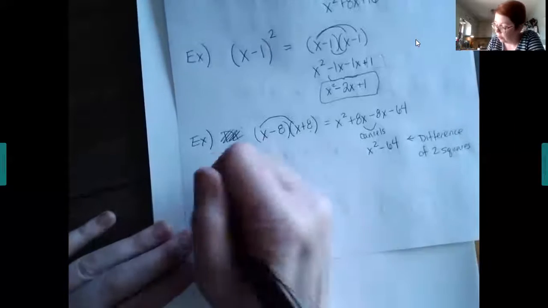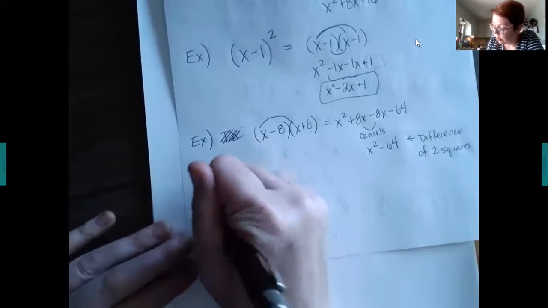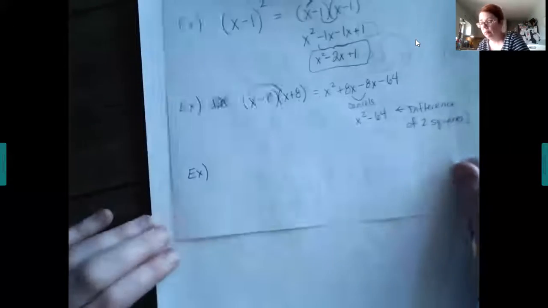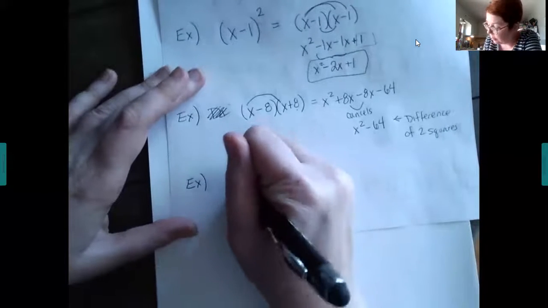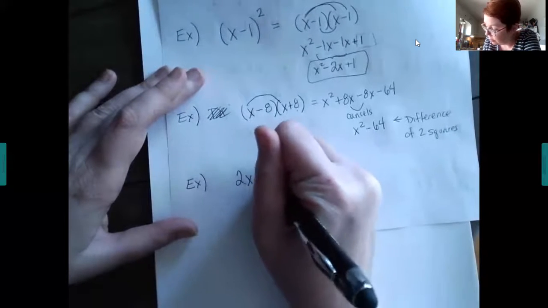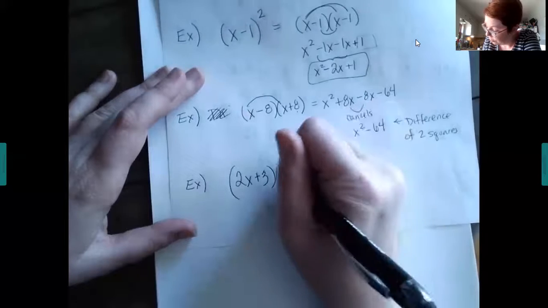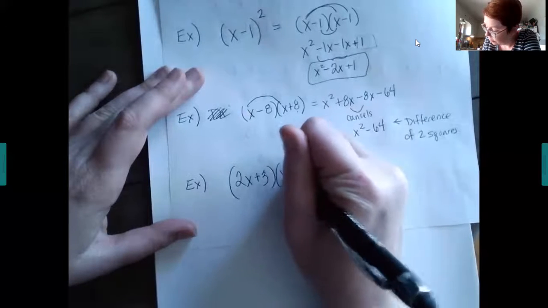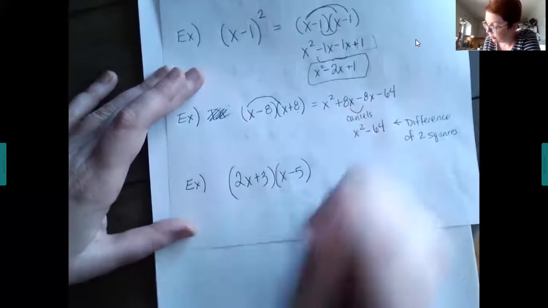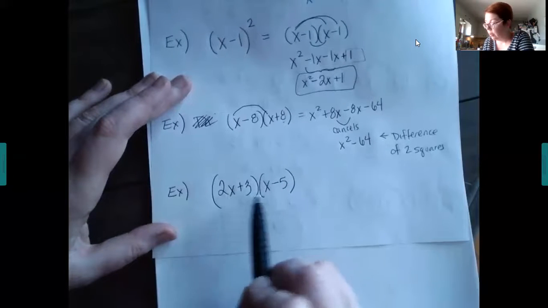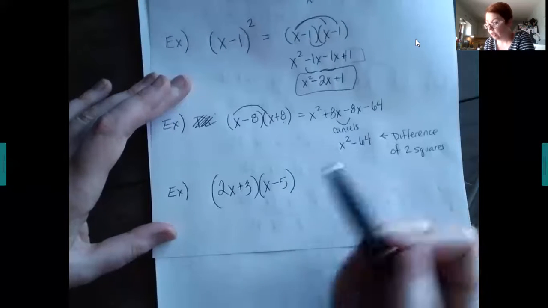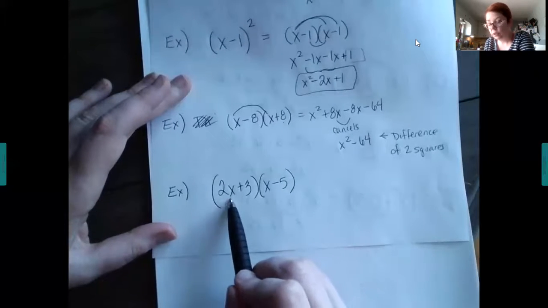And we also have more stuff in there sometimes. So sometimes we might have something like this. Okay. So again, the process doesn't change. We just now have a 2 in front of this first term.